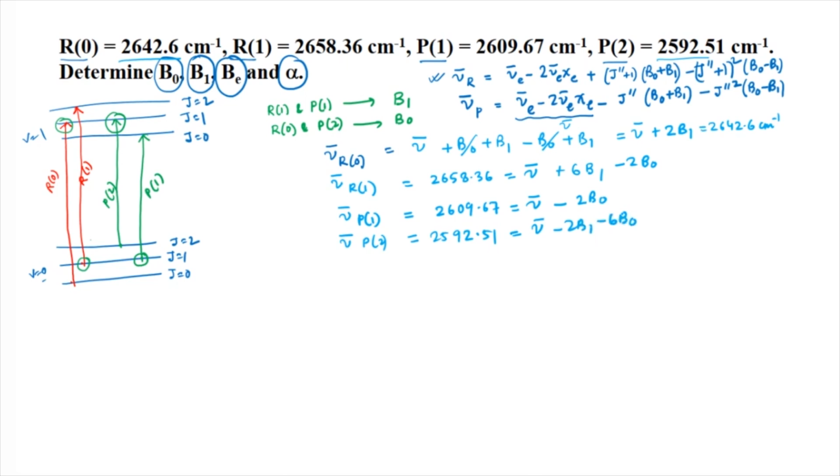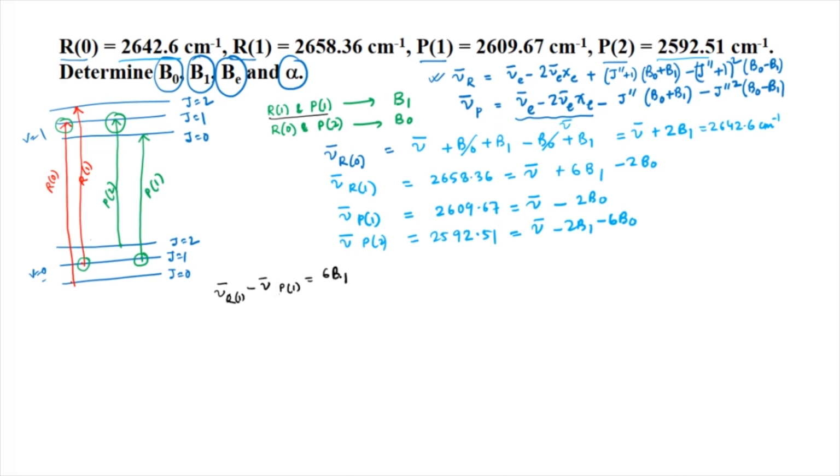So, now if we combine R 1 and P 1, we can write nu bar R 1 minus nu bar P 1, this equals 6 B 1.